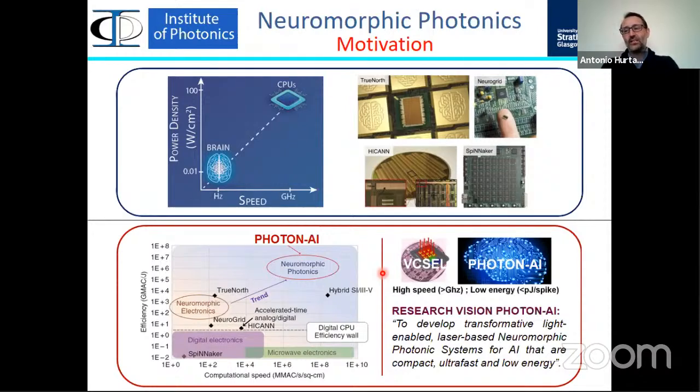These devices are very inexpensive because they have vertical emission, so we can test them directly on chip, which reduces their costs dramatically. They have very small footprints, micrometers or lower, they allow very high speed, and they permit integration in 2D arrays of devices, which allows for scalability.